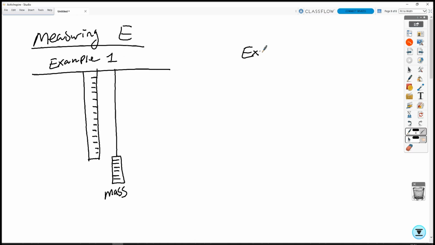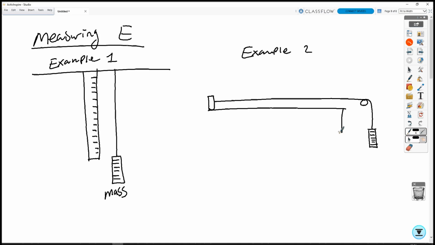And example 2 would be to have it like that.